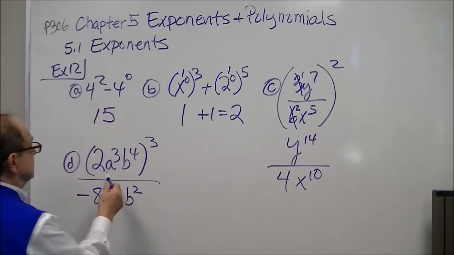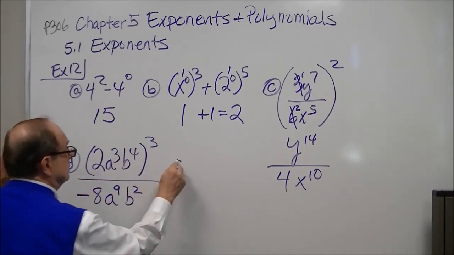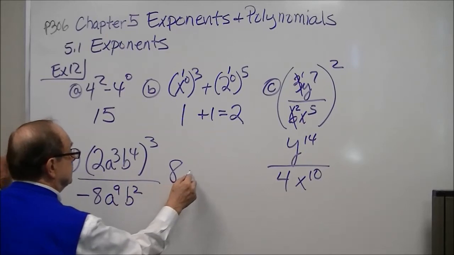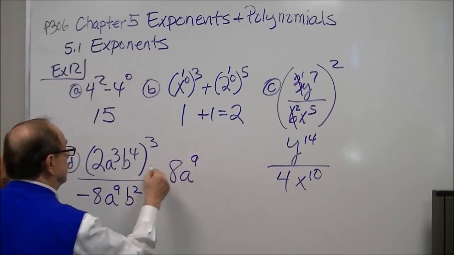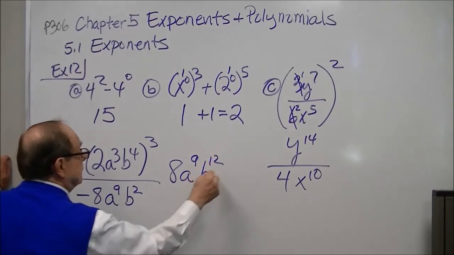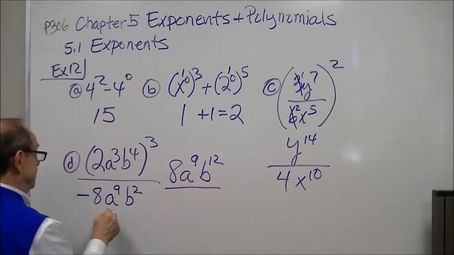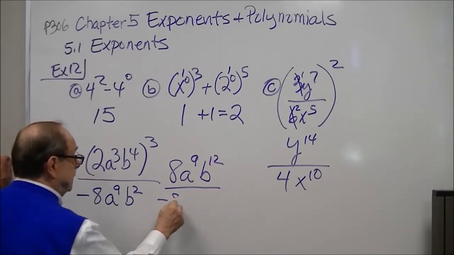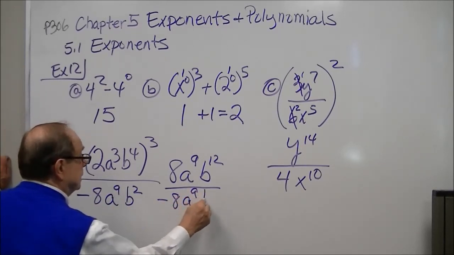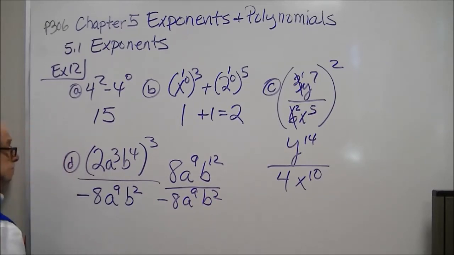So as we look at this one, it's 2 to the 3rd, which will be 8, a to the 3rd, which would be a to the 9th, b to the 4th, which is b to the 12th, over, now this is a negative 8 on the bottom, a to the 9th, b to the 2nd.